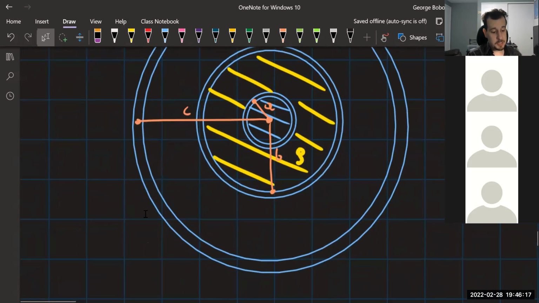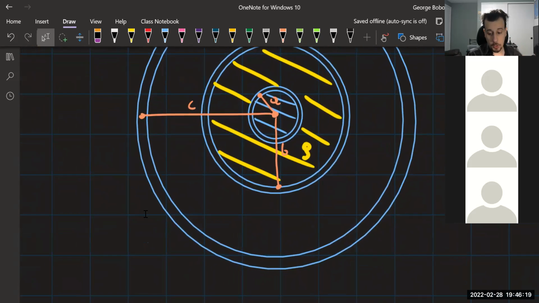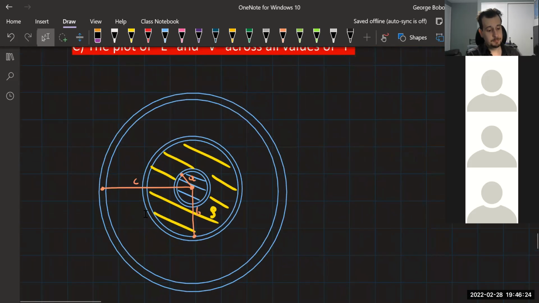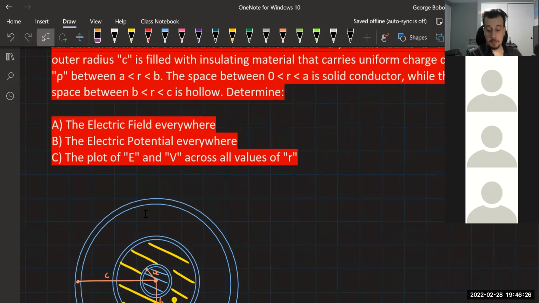So again, between B and C, you can see here, air, hollow, nothing. Determine the electric field everywhere, the electric potential everywhere, and plot it. I'm not going to plot it, but we're going to determine both of these quantities. I hope we're ready. Let's roll.